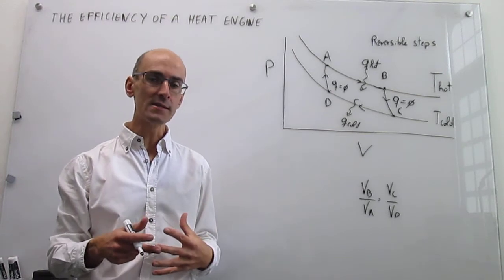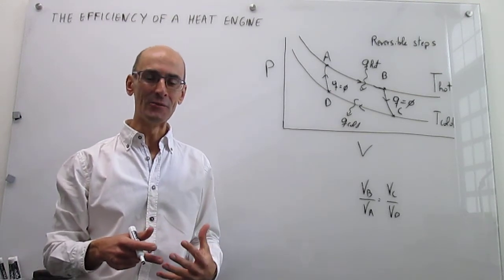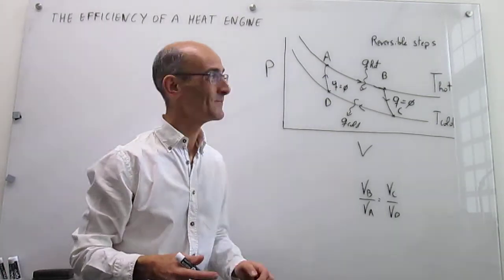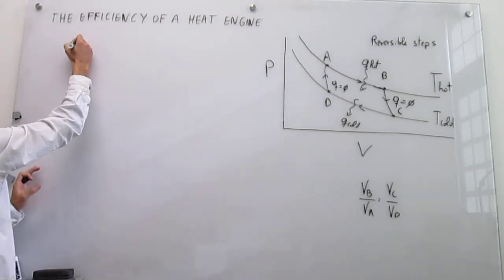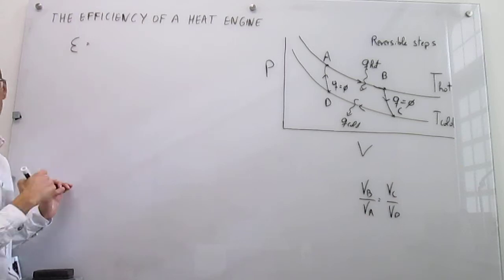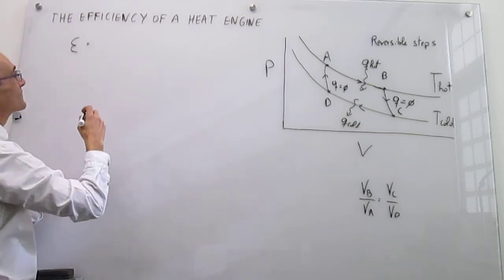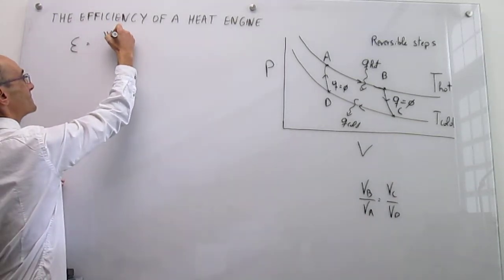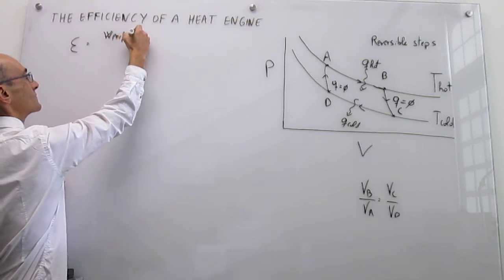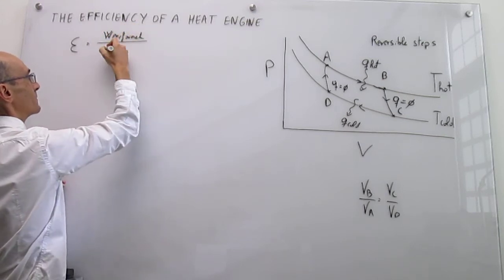So from these concepts, we're now ready to define what the efficiency of that heat engine is. The definition is as follows. The efficiency, which is denoted with the letter epsilon, is equal to the work performed divided over the heat absorbed.